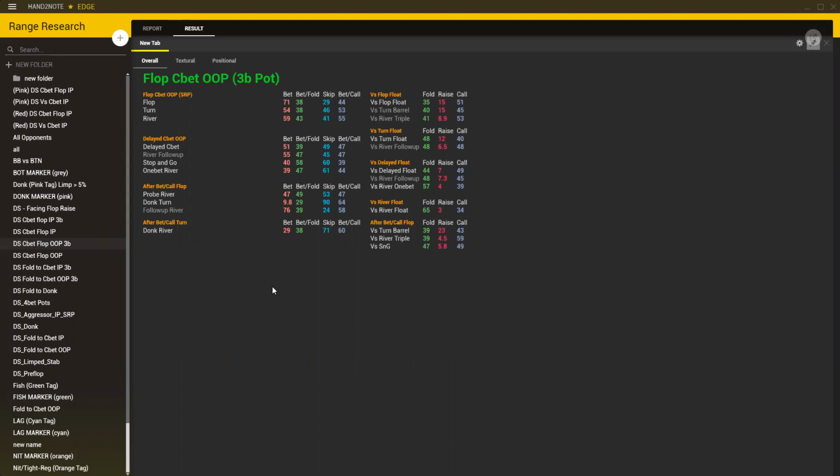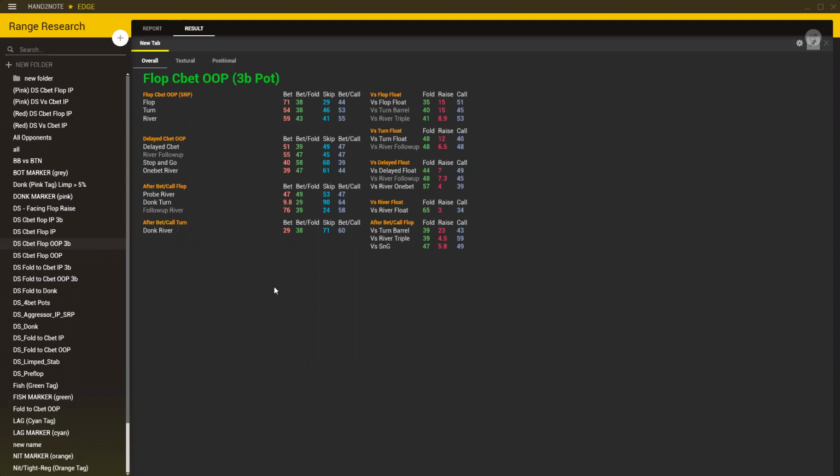Just to put this together based on the data we've seen in today's session, we've said, for example, that we get less fold equity in a spot where the board's actually good for us. So if it was a 10-9-x board, we call the flop c-bet, then our opponent checks to us.